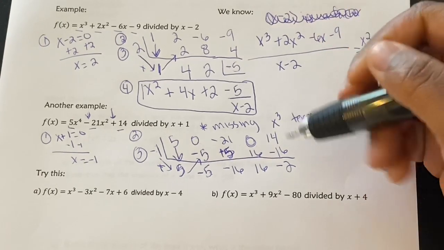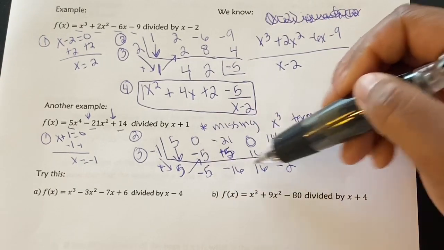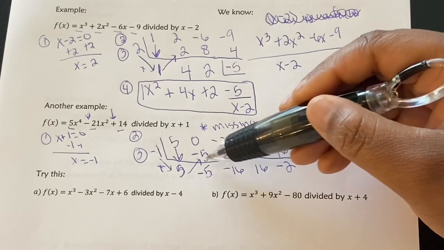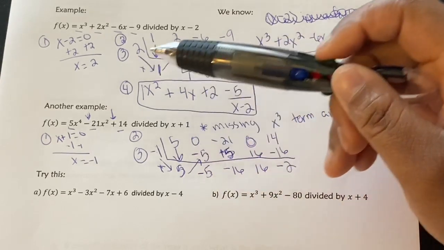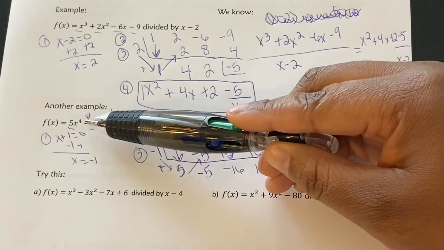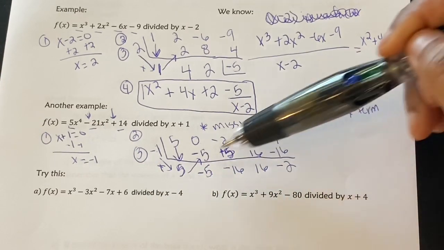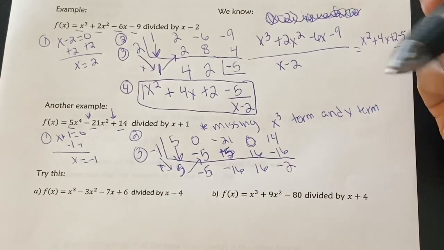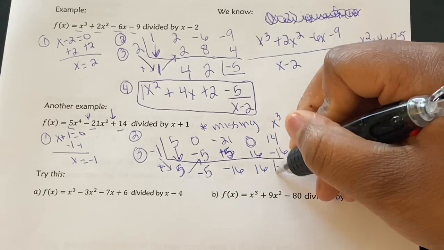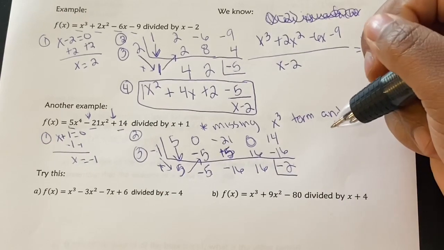Okay. Now my answer has to be written as a coefficient, a degree lower. So I have 5, -5, -16, 16, and -2. These are my coefficients, except for this -2. The last number is always your remainder.